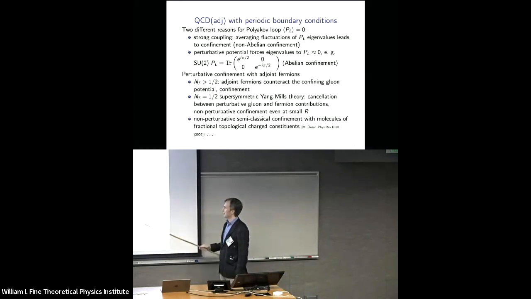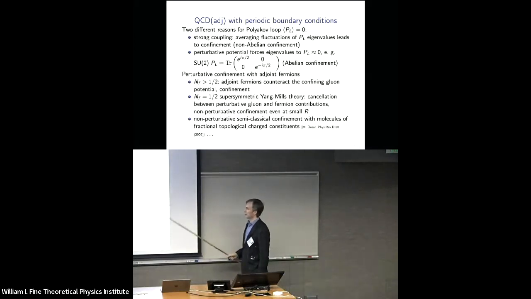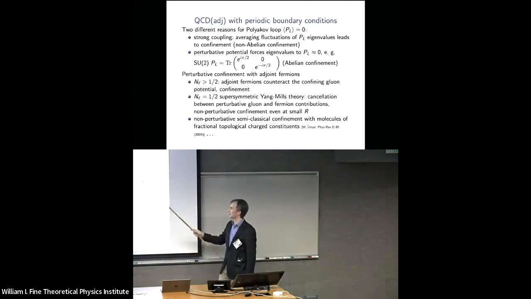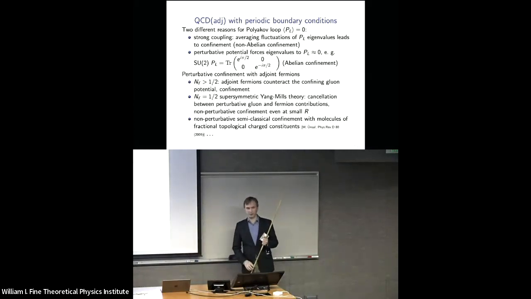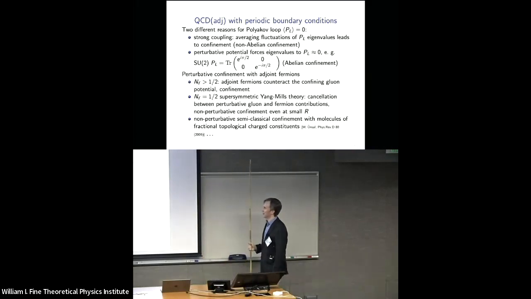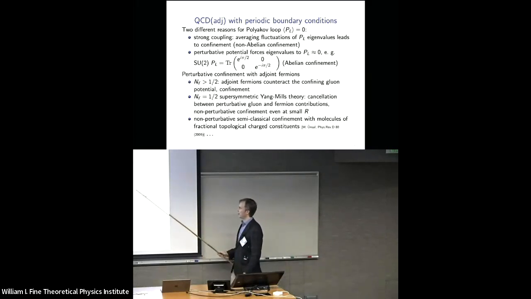More precisely, one has to be careful how this confinement really appears here. Usually at strong coupling, the confinement, where the Polyakov loop averages to 0, appears because of large fluctuations of this Polyakov loop, which are, so to say, just given by the Haar measure of the theory.